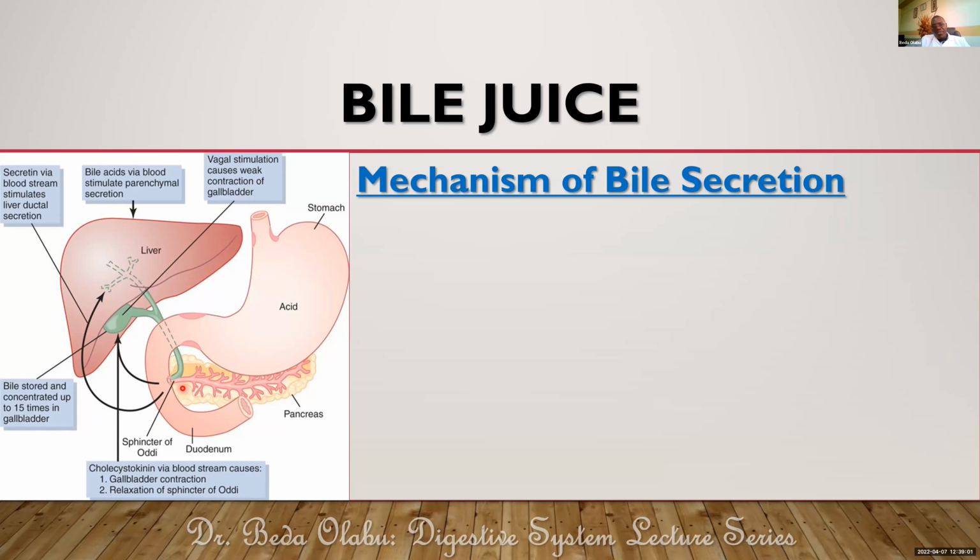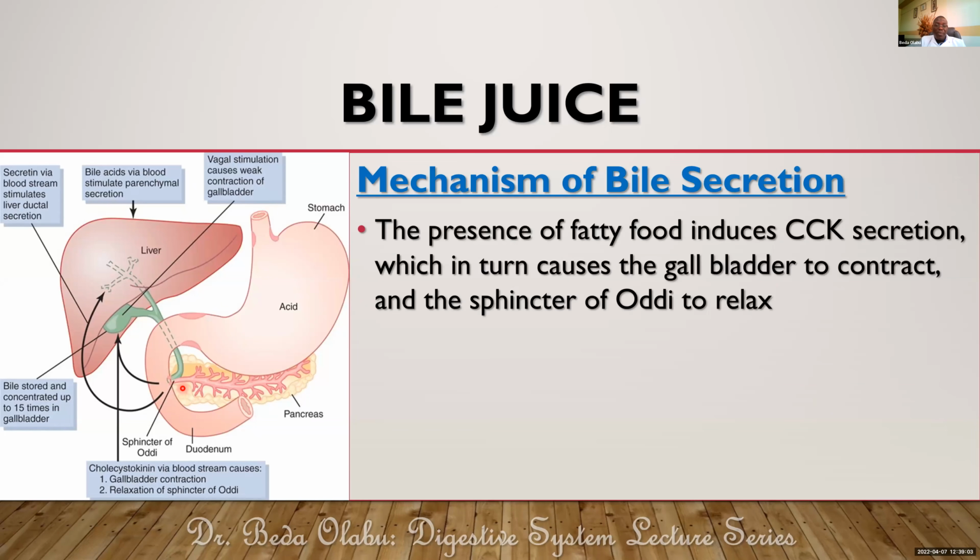What's the mechanism of secretion of bile? The presence of fatty acids within the duodenum will induce the duodenum to produce cholecystokinin. Cholecystokinin in turn causes the gallbladder to contract, but it also causes the sphincter of Oddi to relax. So it's a combined effort, relaxing the sphincter of Oddi and contracting the gallbladder.